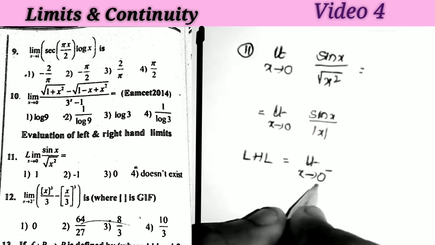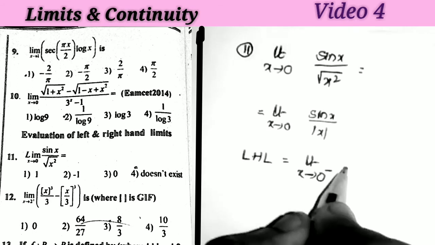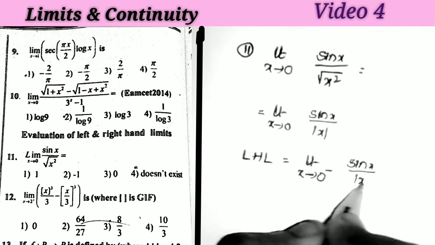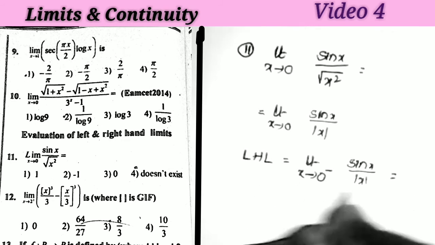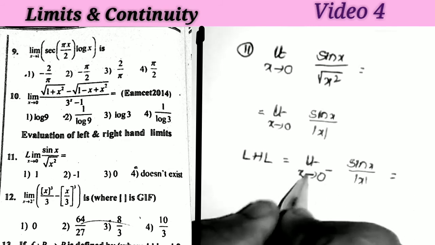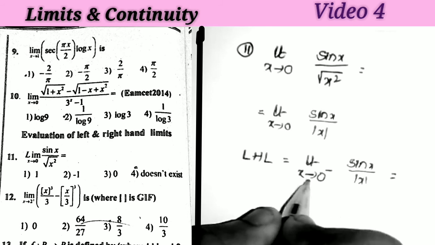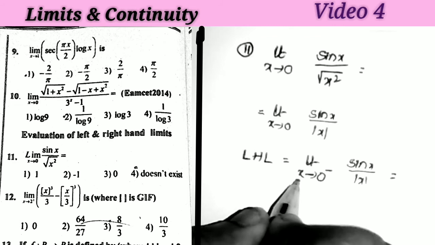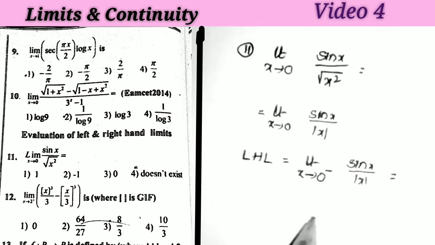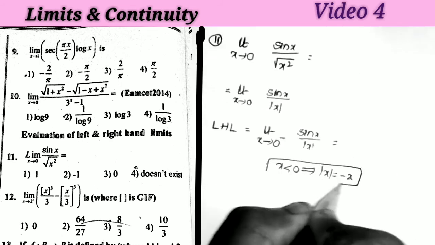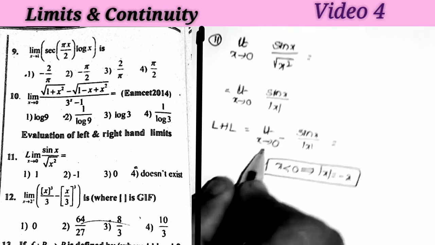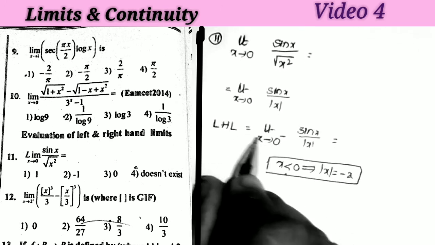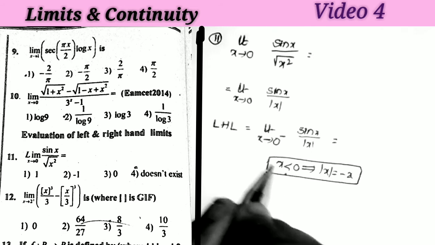What is the left hand limit formula? Limit x tends to 0 minus f of x, that is limit x tends to 0 minus of sin x by mod x. Now x tends to 0 minus means we take numbers less than 0, x less than 0.